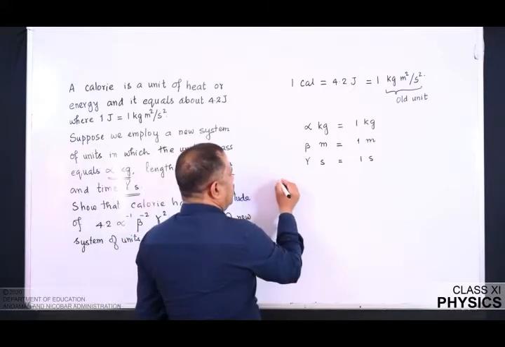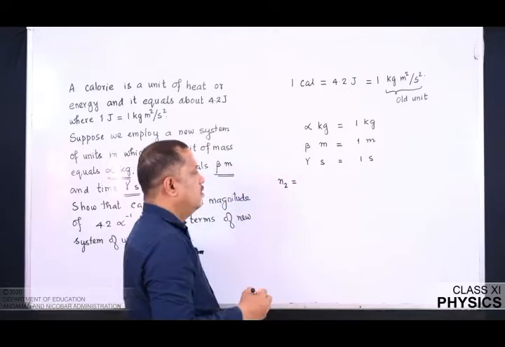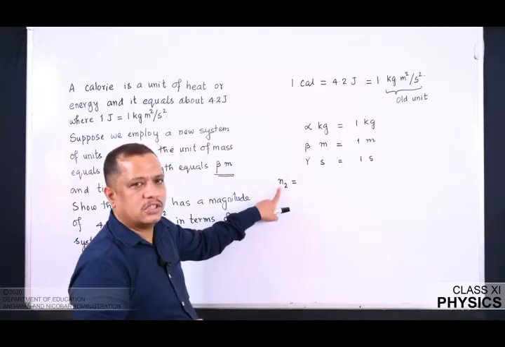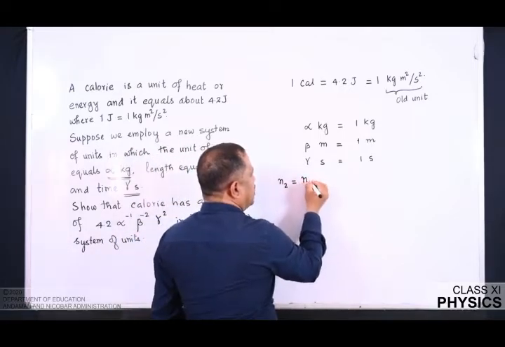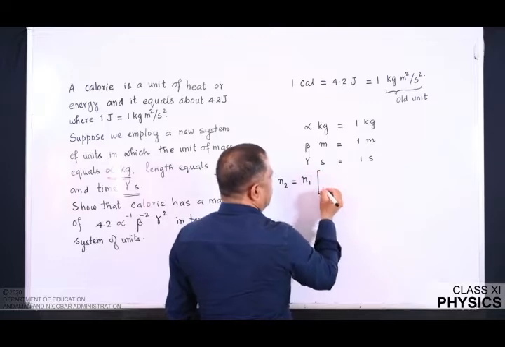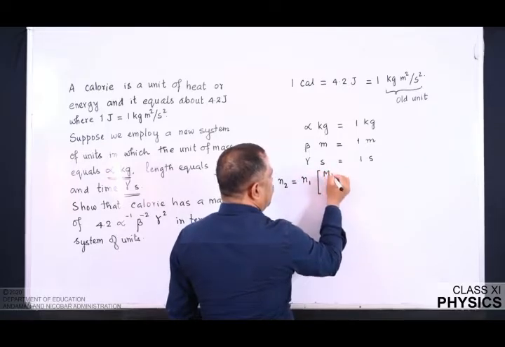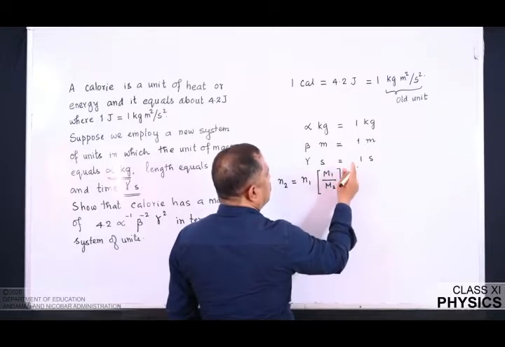Now we have already studied that the magnitude of a measure in the new system of unit is equal to the magnitude in the old system of unit times M1 by M2 power.